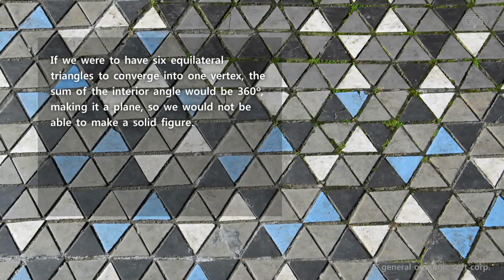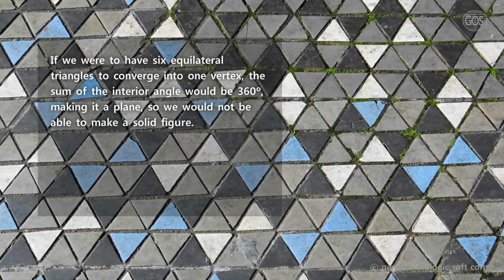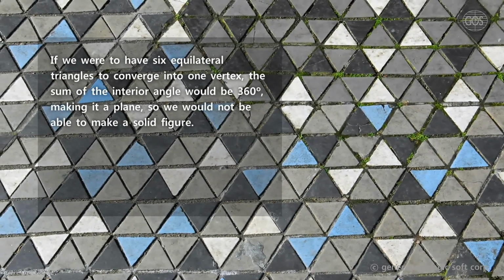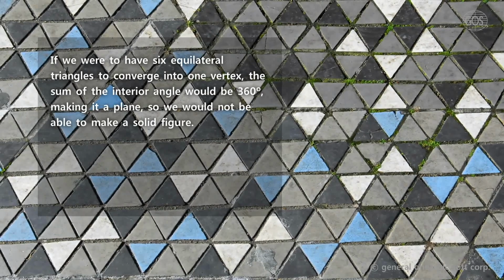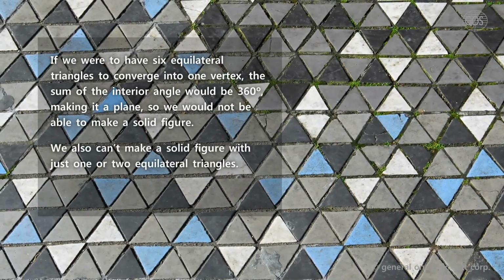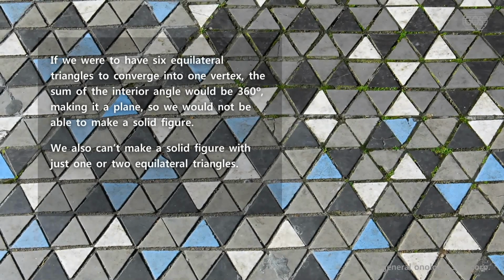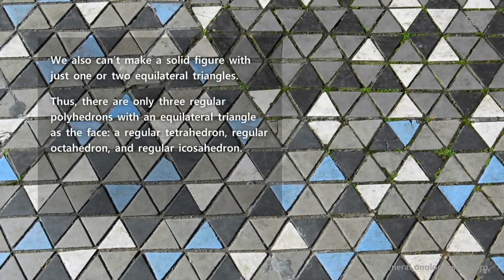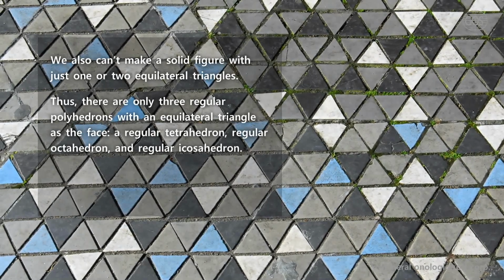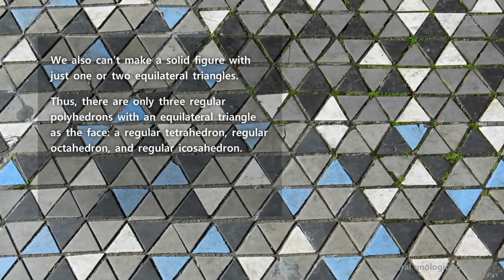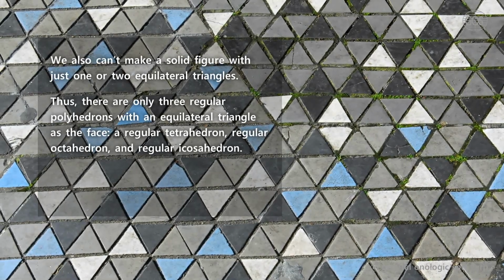If we were to have 6 equilateral triangles converge into one vertex, the sum of the interior angles would be 360 degrees, making it a plane, so we would not be able to make a solid figure. We also can't make a solid figure with just 1 or 2 equilateral triangles. Thus, there are only 3 regular polyhedrons with an equilateral triangle as the face: a regular tetrahedron, regular octahedron, and regular icosahedron.